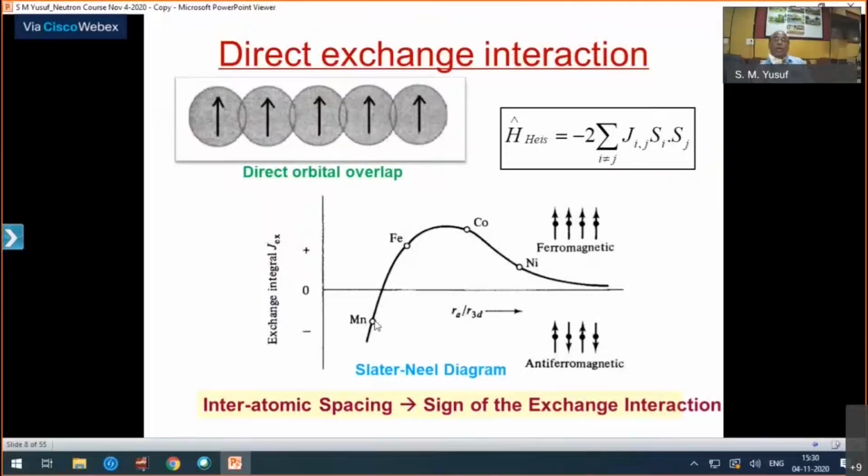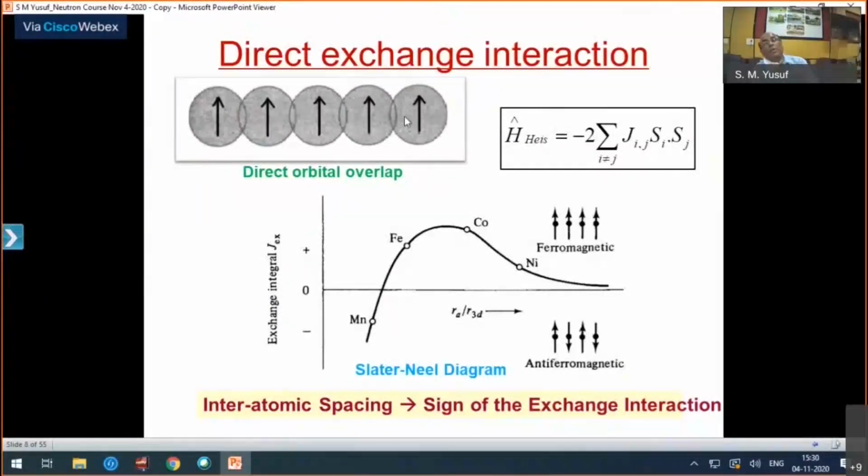I'm talking about elemental materials: elemental nickel, cobalt and iron are ferromagnetic due to the positive exchange interaction, and elemental manganese is antiferromagnetic due to negative exchange interaction, J is negative.